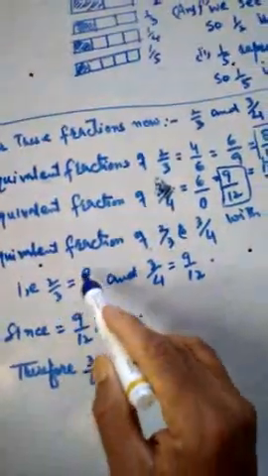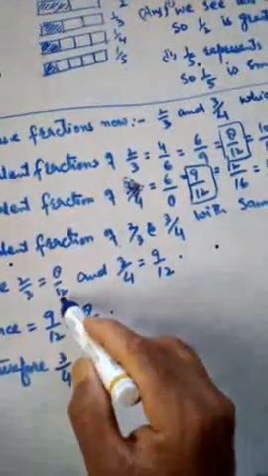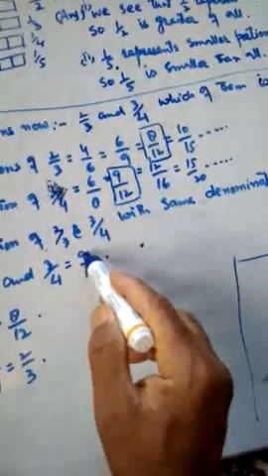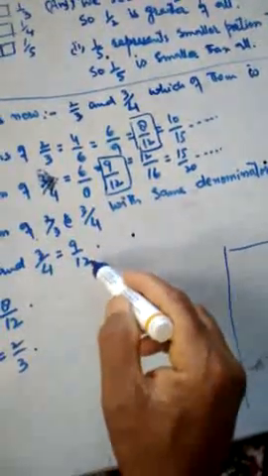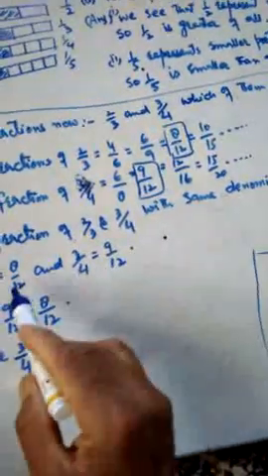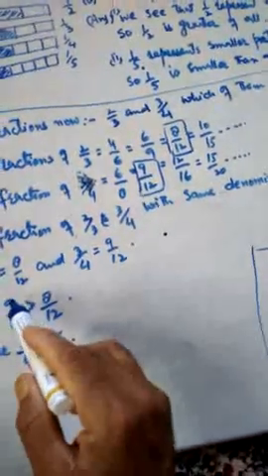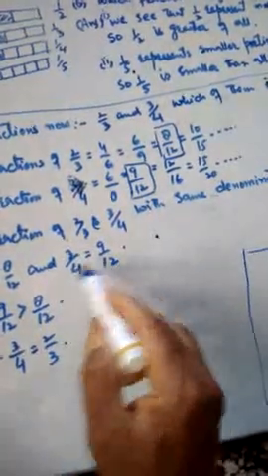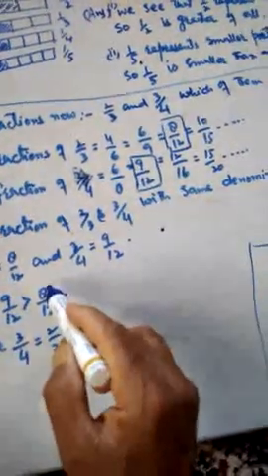That is, 2 by 3 is equal to 8 by 12 and 3 by 4 is equal to 9 by 12. Since these equivalent fractions have the same denominator, 9 by 12 is greater than 8 by 12.